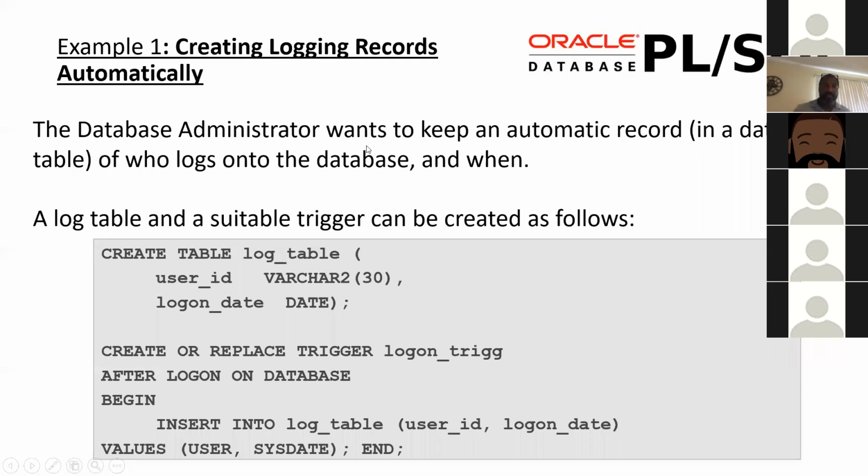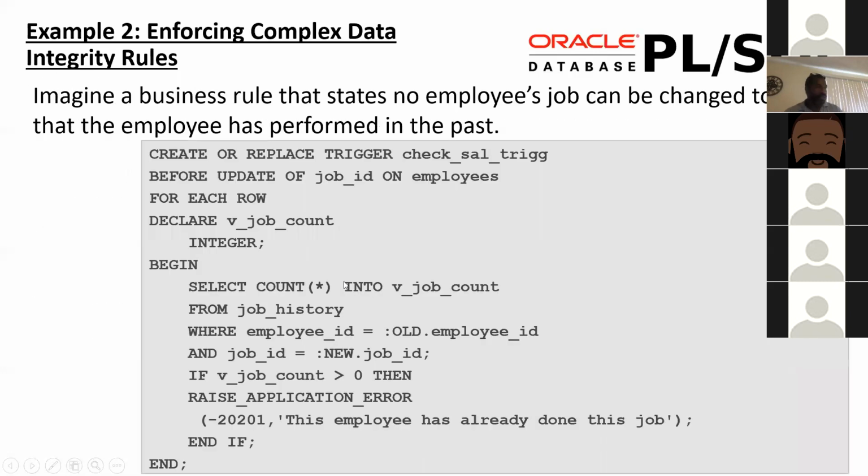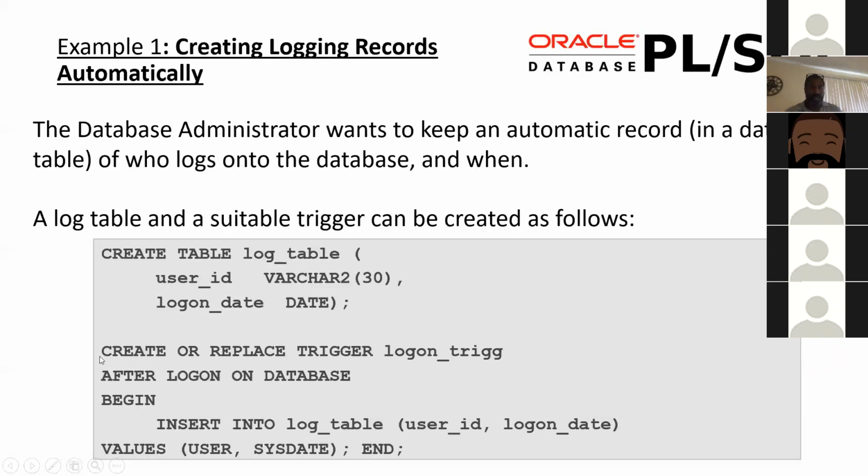Right, so here's our first example, and this is just creating a logging record. The database administrator wants to keep an automatic record of who logs into the database. So you create or replace a trigger, with the log table, user ID, and logon date. That's our log table, where when a user logs on, it writes a log with the date and the user ID in this log table.